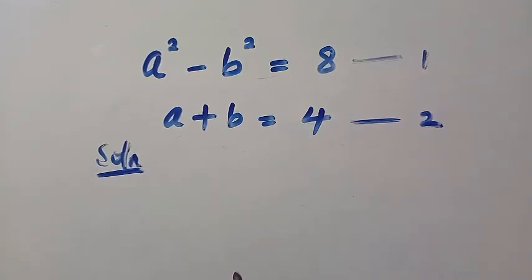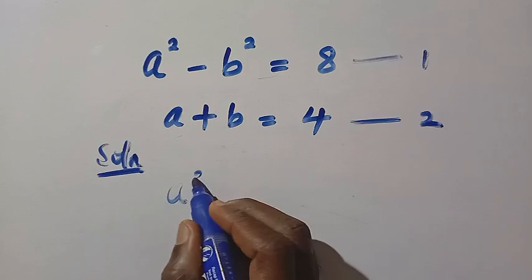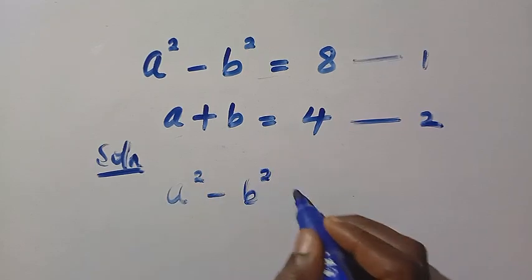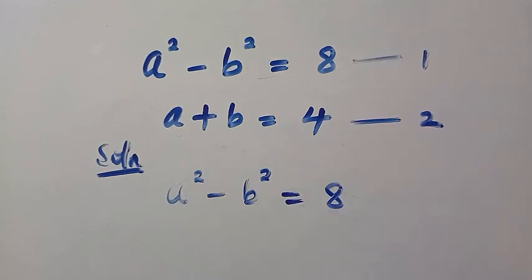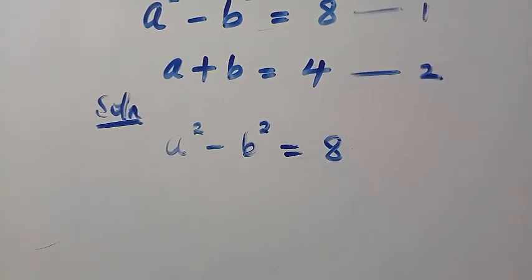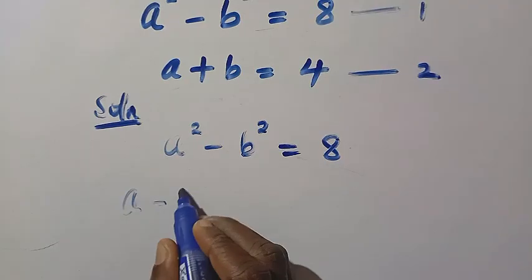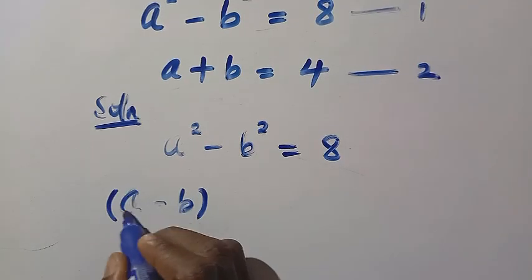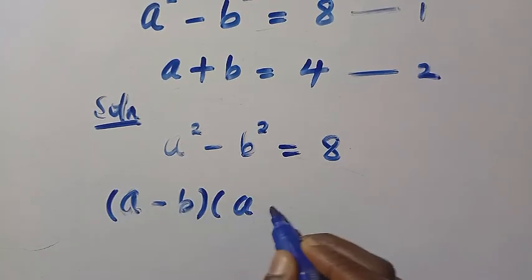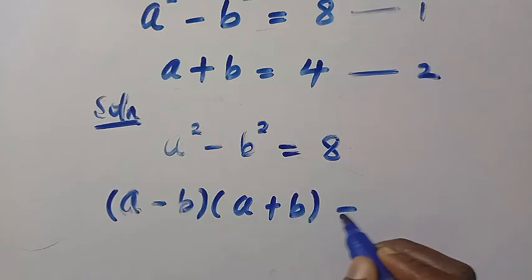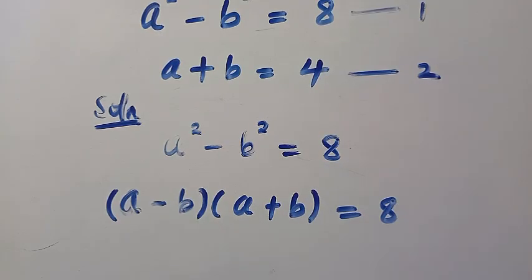Let's consider equation 1, a squared minus b squared equals 8. a squared minus b squared is a difference of two squares, which we write as a minus b, multiplied by a plus b, equals 8.